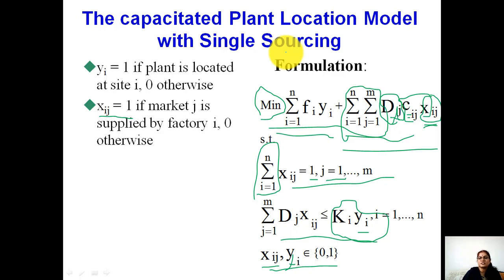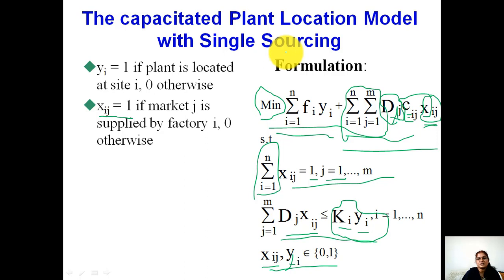So if yi is 1, ki into yi is ki, which is capacity of first plant. Say i equal to 1, ki will be k1, capacity of first plant. Capacity should always be greater than or equal to the total quantity shipped. How much is total quantity shipped? Here Xij can take either 0 or 1. If it is 0, it's understood that from that plant nothing is getting transported.